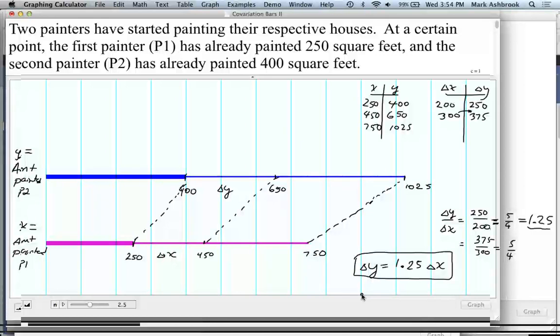Yeah, that's true. Delta Y is 1.25 delta X. What does that specifically mean for the painters? Painter Y paints 1.25 times as fast as painter X, or painter 2 paints 1.25 times as fast as painter 1.